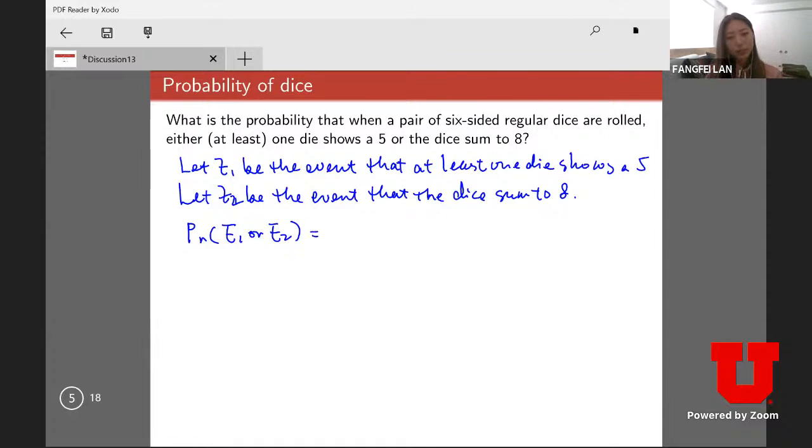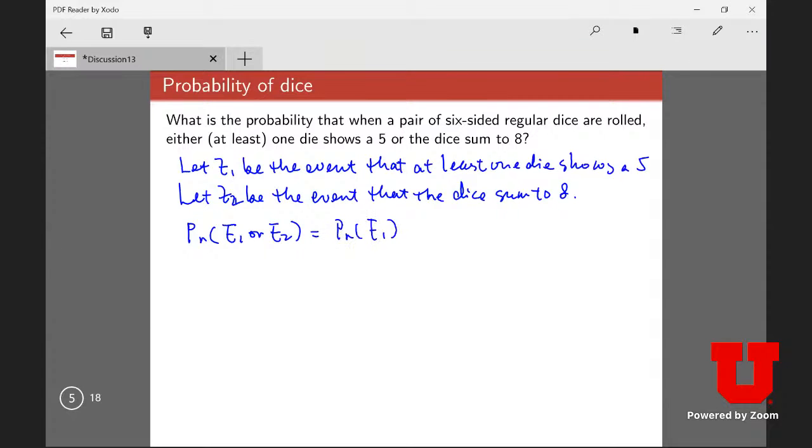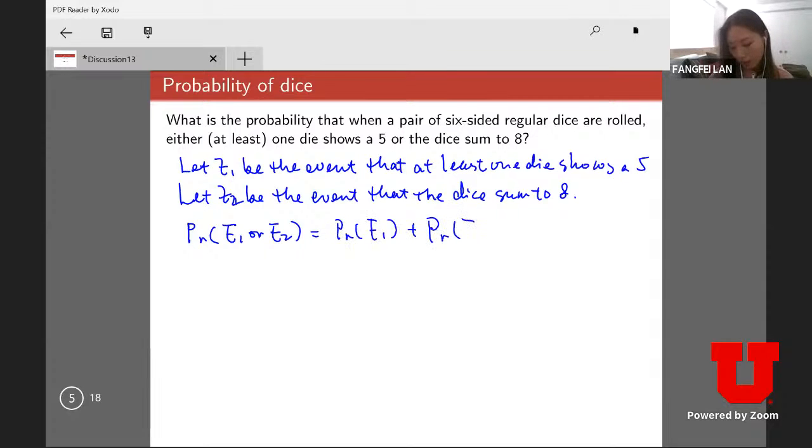And how do we do that? Isn't it probability of E1 plus probability of E2 minus probability of E1 and E2? Yep, exactly. And that is called the general sum rule, I think. Yeah, general sum rule. Why is that though? Why do you think that is?